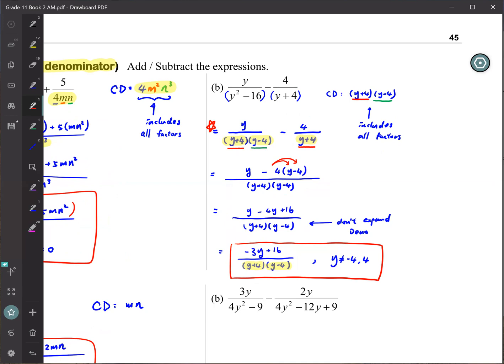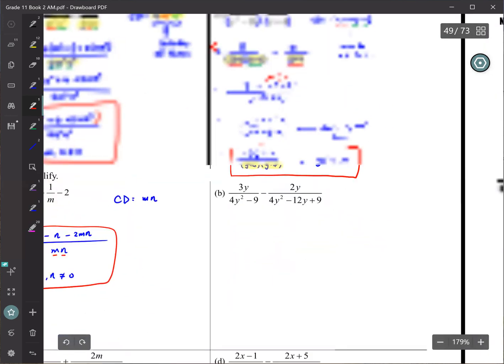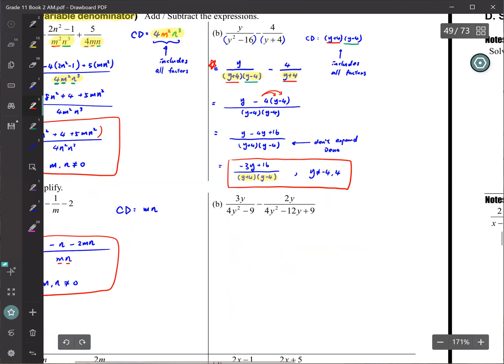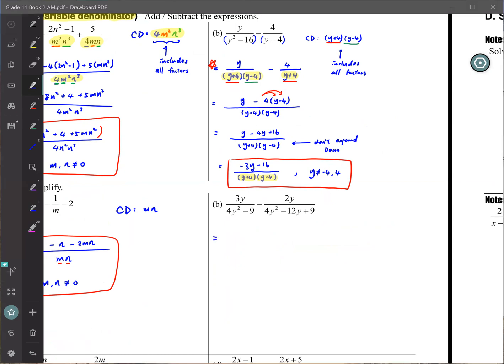So I would like you to try question B first. We'll go over question B, making sure everyone gets it right. And then C and D, you can work on your own, okay? So please go ahead. For this question B, please raise your hand when you have found the common denominator, okay?